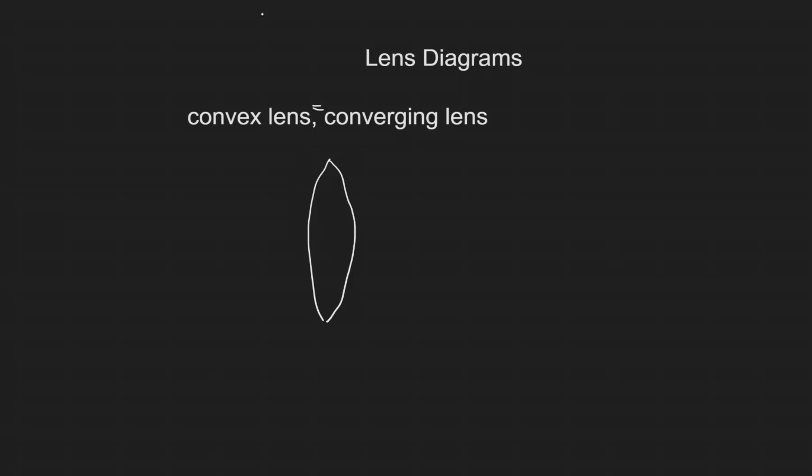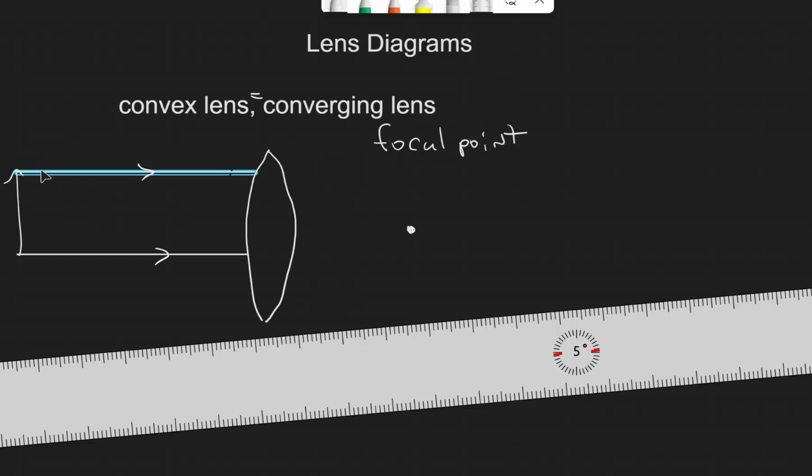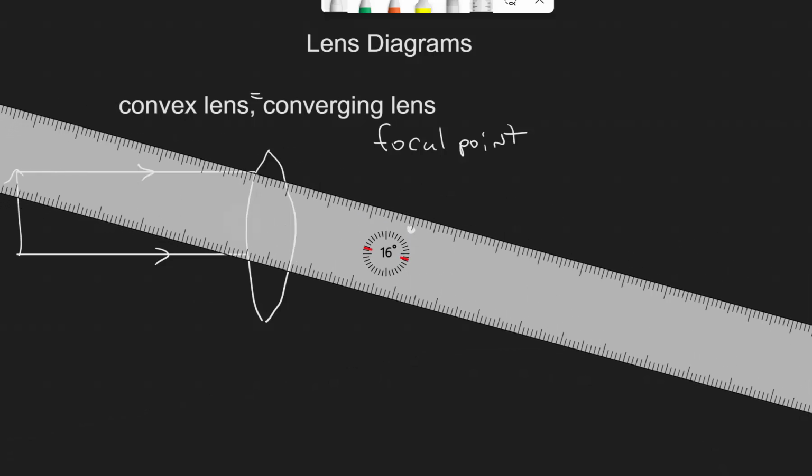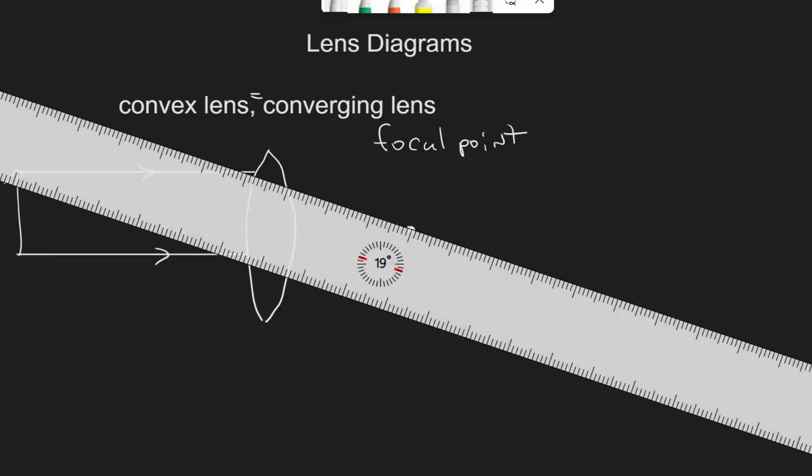Let's say that we want to draw a ray diagram. So let's say that we have an object, maybe something as simple as an arrow. The light rays of that arrow or whatever the object is are going to go through the lens and then they're going to get refracted through the focal point. See if I can draw this a little bit better.